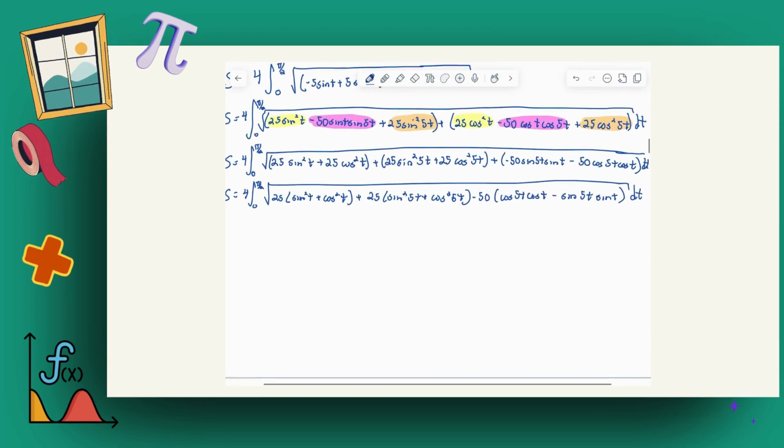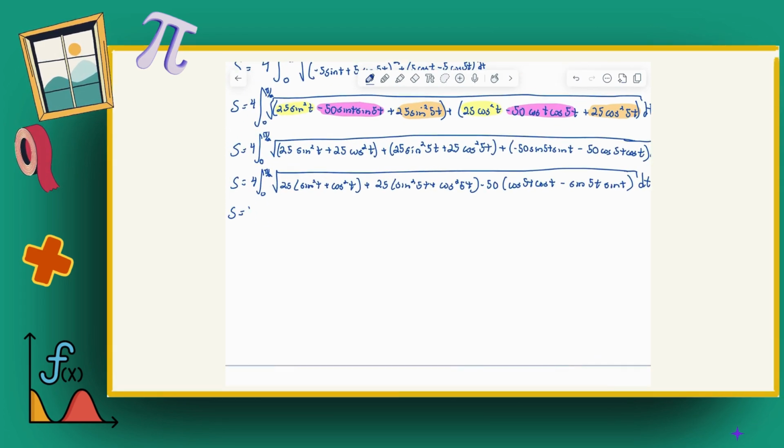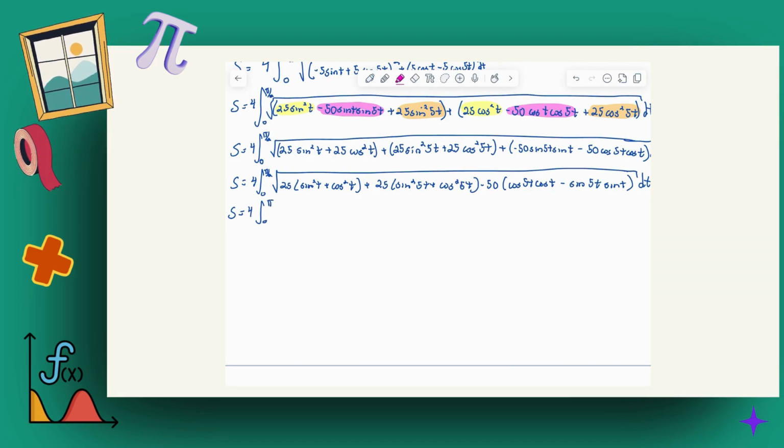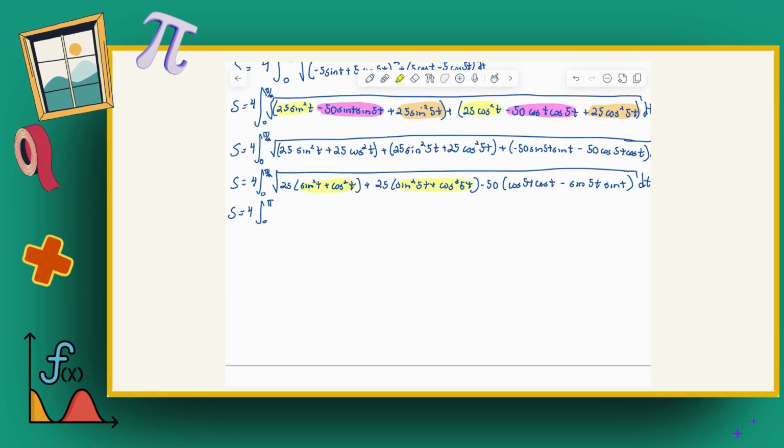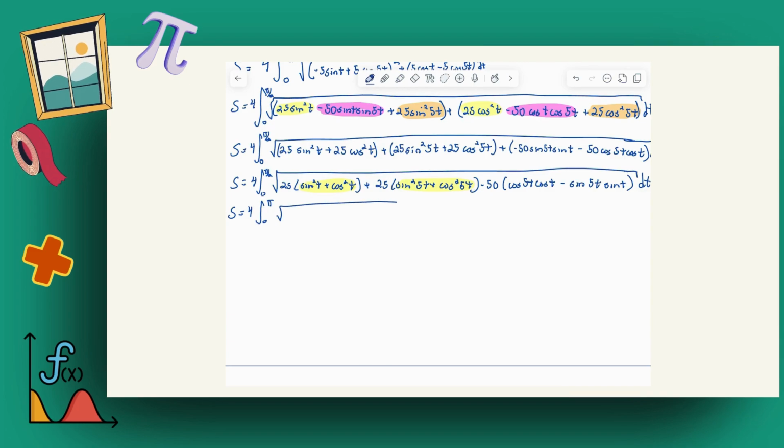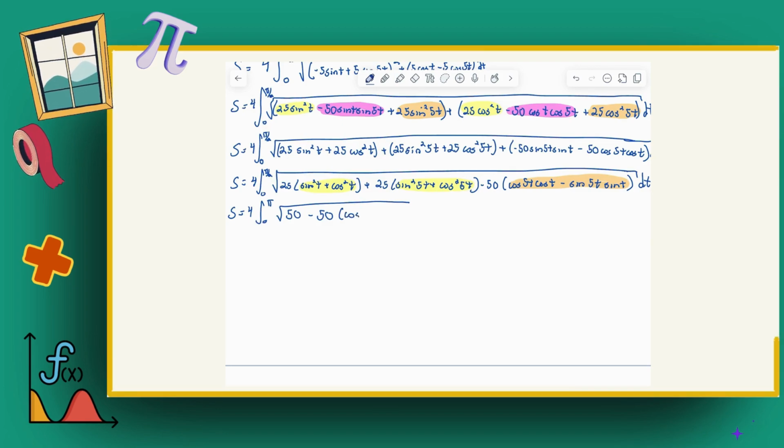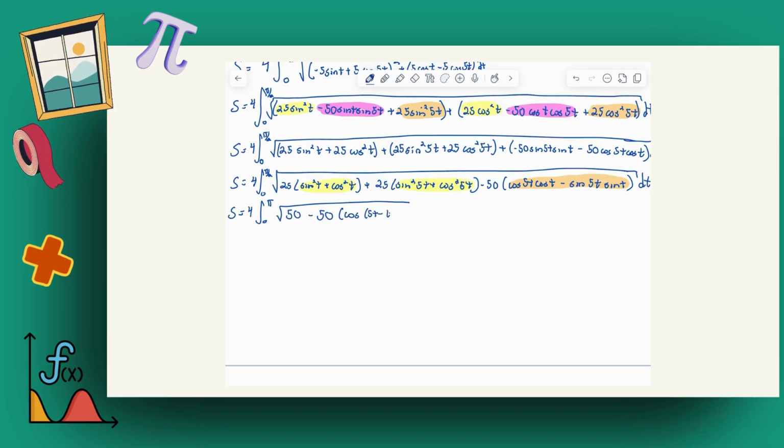Okay, I'm ready to start actually simplifying here. So first thing I'm going to do is use my trig identities, replacing sine squared t plus cosine squared t with 1, and sine squared 5t plus cosine squared 5t with 1. And so that gives us 25 plus 25, which is 50, minus 50, and then I'm going to replace this last set of parentheses with our difference formula for cosine, which is cosine of 5t minus t.